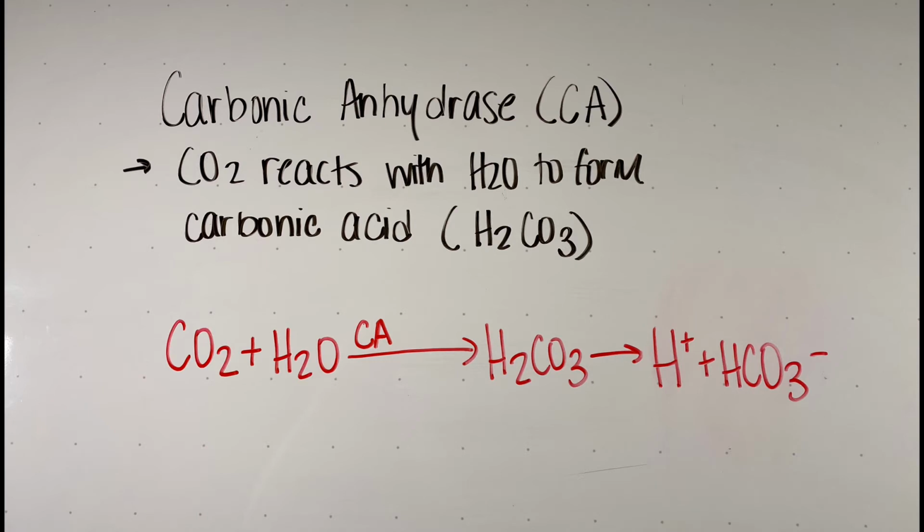In the presence of this enzyme, carbon dioxide reacts with water to form carbonic acid, which we abbreviate H2CO3. But carbonic acid is unstable, so it will immediately dissociate into a hydrogen ion, which is abbreviated H+, and a bicarbonate ion, which is abbreviated HCO3 and a little minus sign.